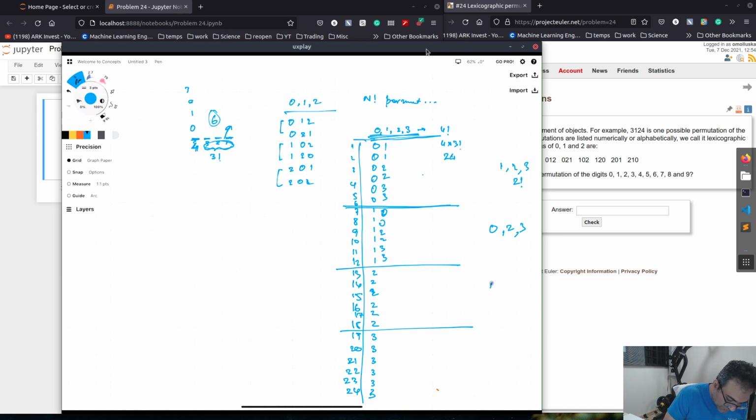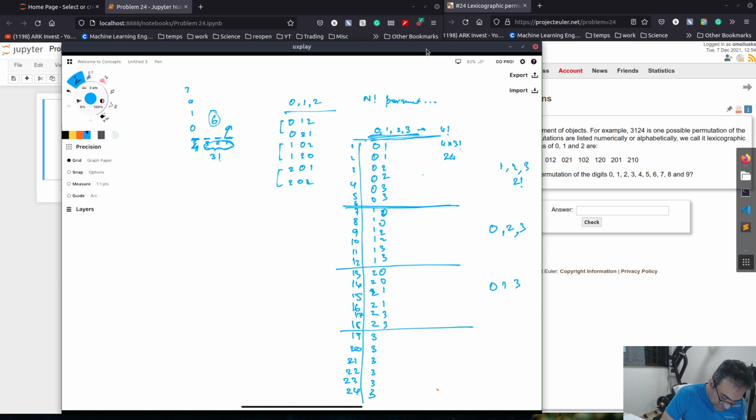Over here we have 0 1 and 3. So 2 factorial zeros, 0 0, 2 factorial ones, and 2 factorial 3s, like that.